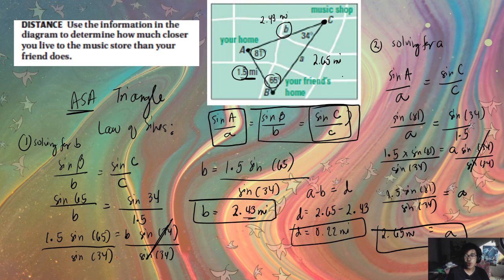So the difference between the distance of your friend's house and your house to the music shop is 0.22 miles, which is around 200 to 300 feet.